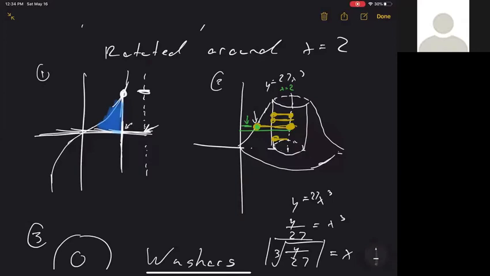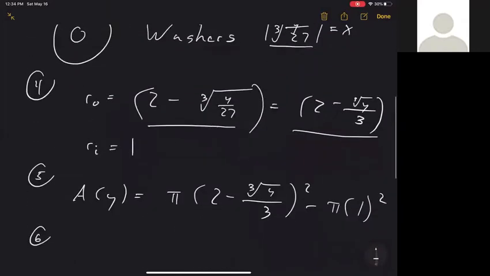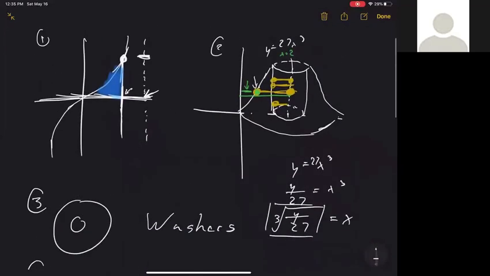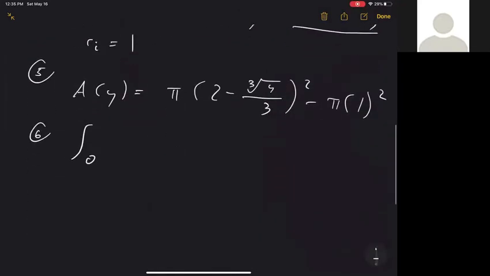This point is at y equals 0, obviously. And what's this upper point here? It's where the curve y equals 27x cubed meets the line x equals 1. So I just take x equals 1 and plug it in, and I get y equals 27.